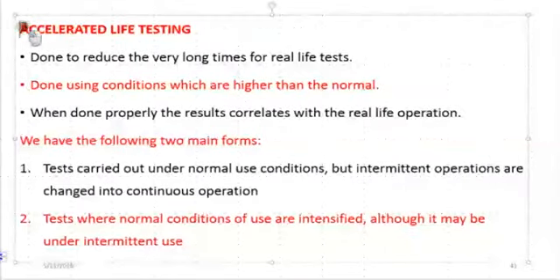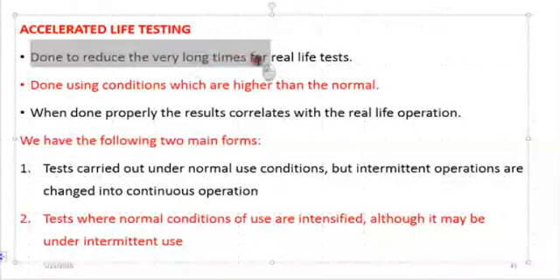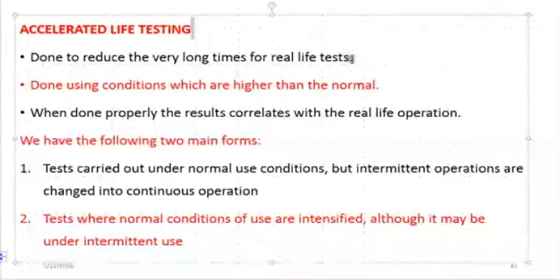Now, the next item we are going to look at is what they call accelerated life testing. We know the term acceleration stands for what? Increase in speed. So the accelerated life test is a kind of test that is done in order to reduce the very long time of the real life test. Maybe you want to test something for 3 years. How can you do that?